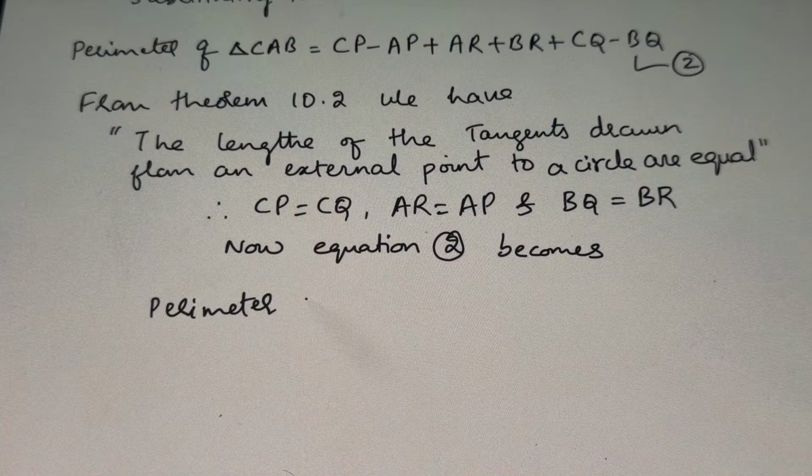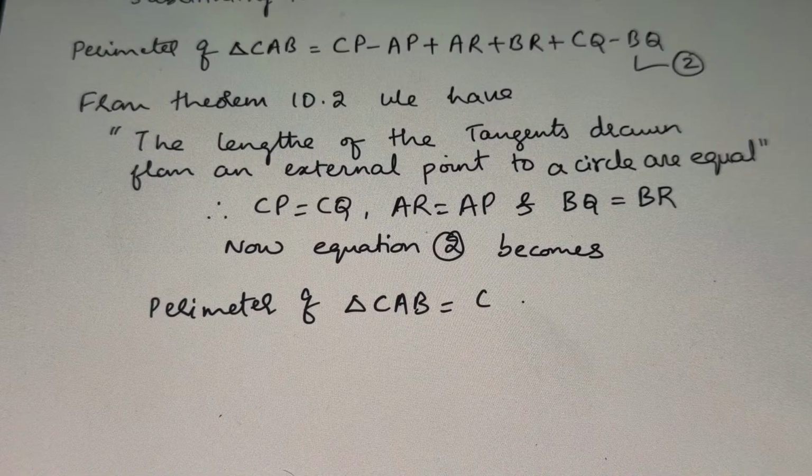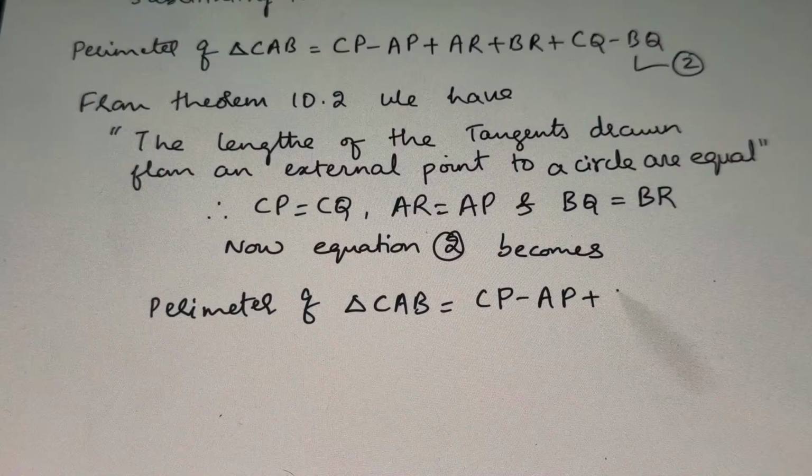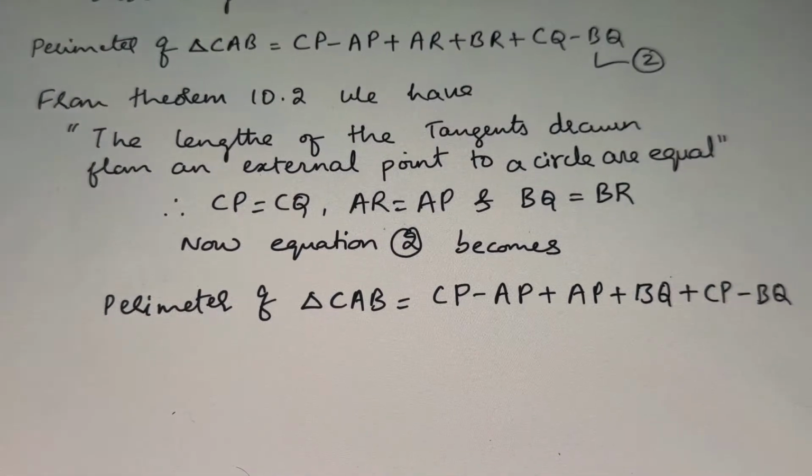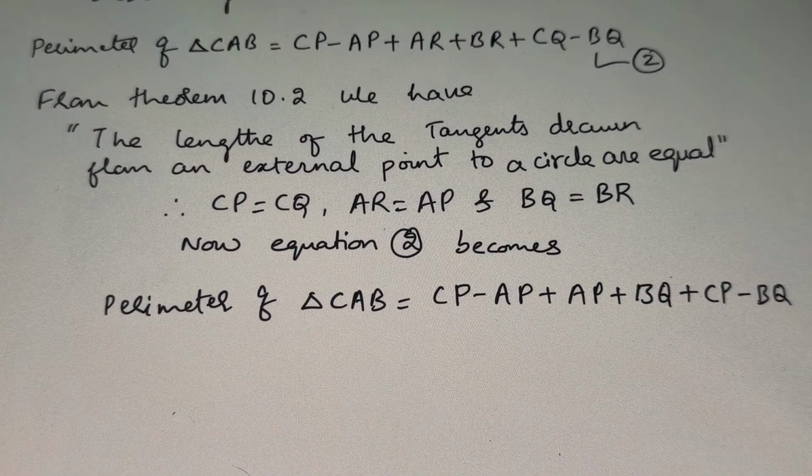perimeter of triangle CAB equals CP minus AP plus AP plus BQ plus CQ, which is CP, minus BQ.